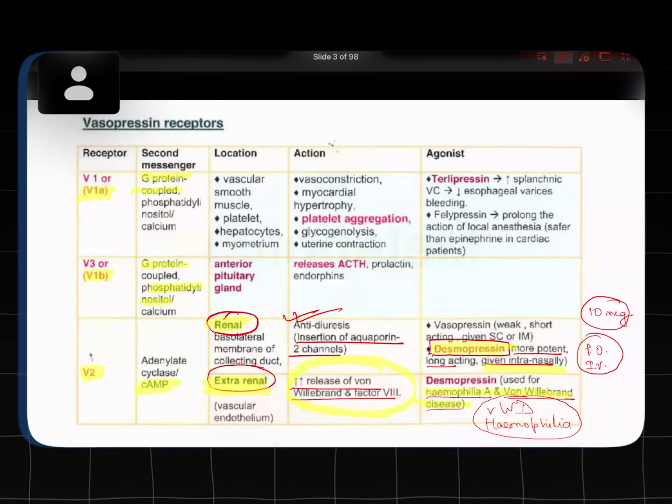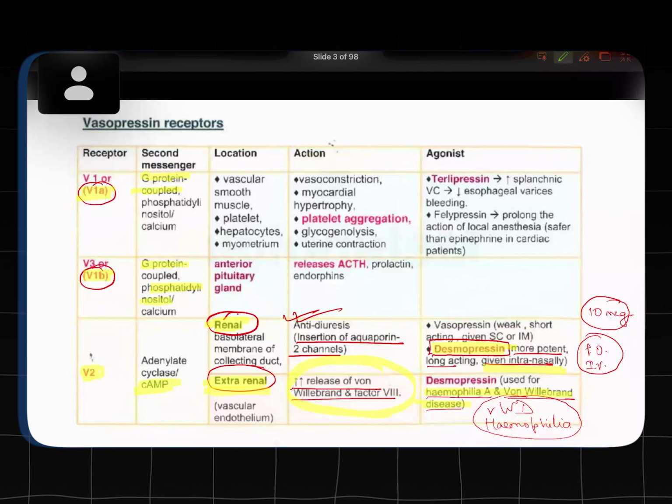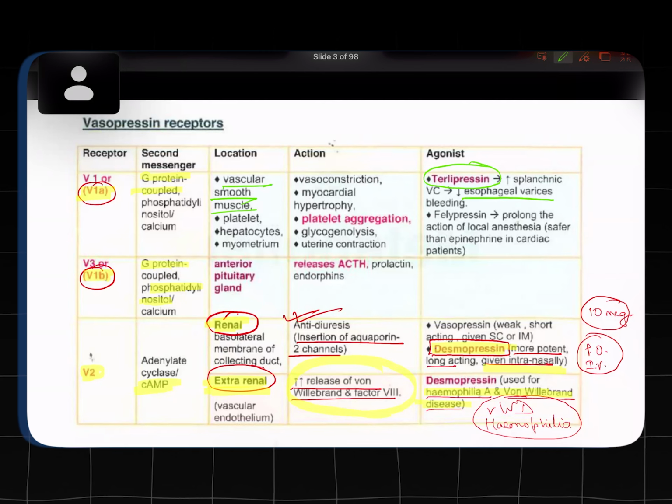Anyway, what about V1A and V1B? Why are they important? V1A acts at the vascular smooth muscle level, and the drug is terlipressin. Terlipressin is again just like desmopressin, an analog of vasopressin. It is mostly used to reduce esophageal varices bleeding, that is in upper GI bleed.